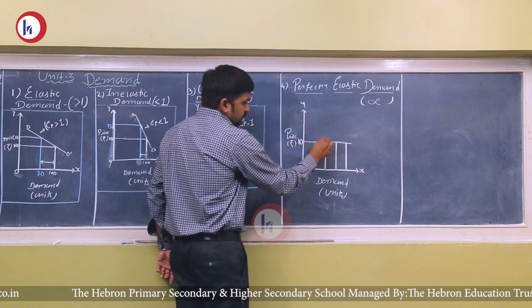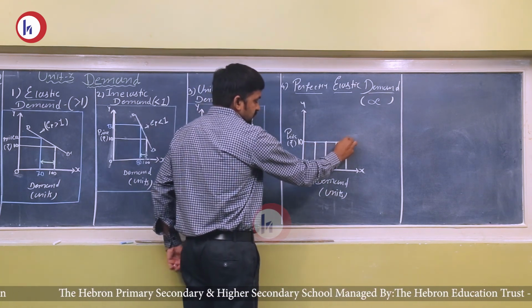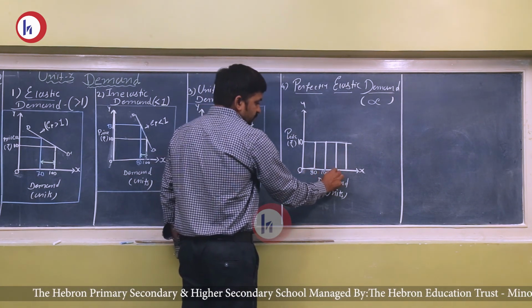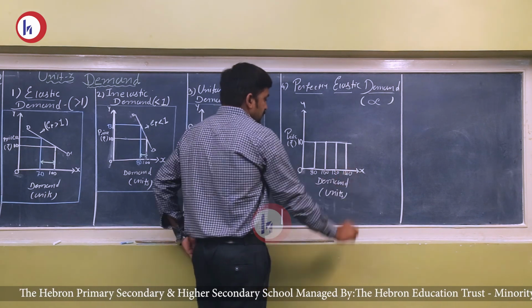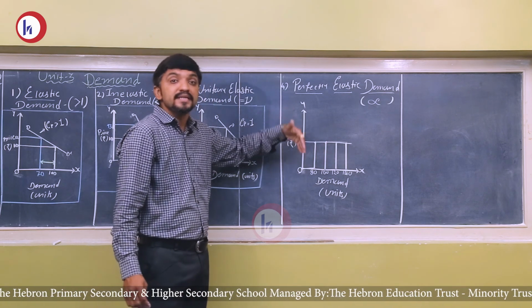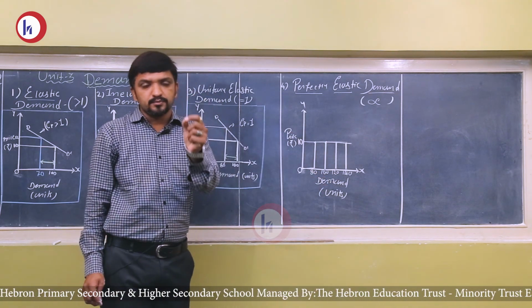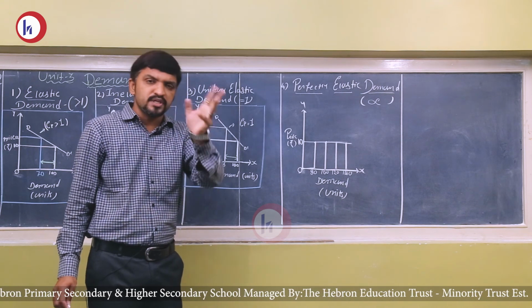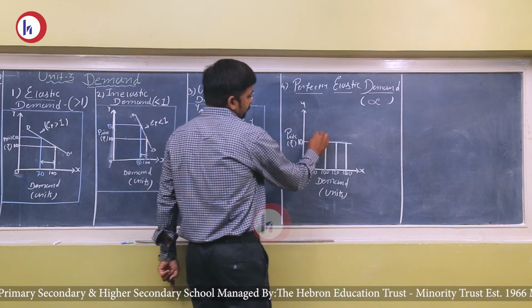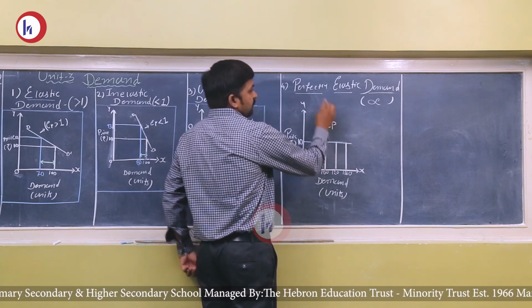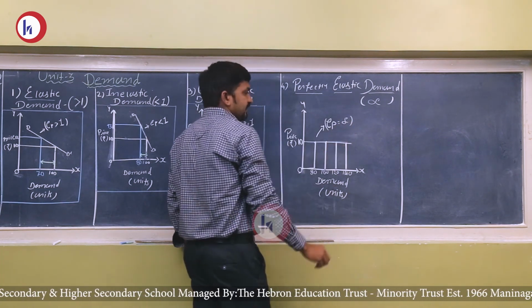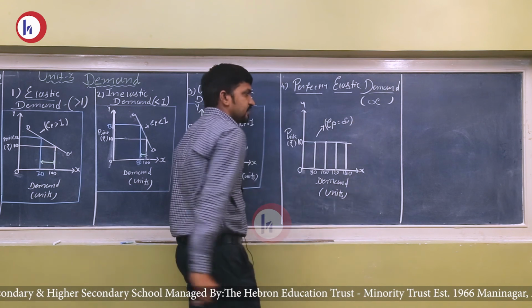See, let it be 80, 100, 120, 140. No percentage change in price of the commodity brings any proportionate percentage change in demand of a commodity. It is known as perfectly elastic demand.